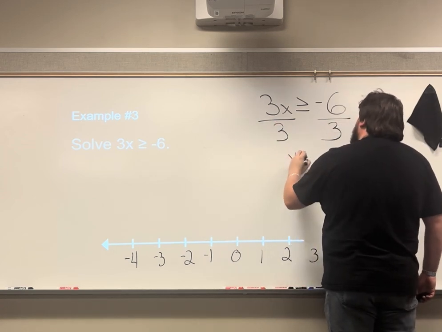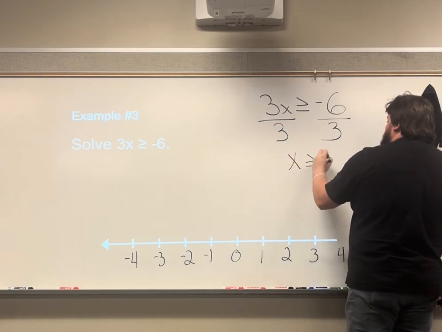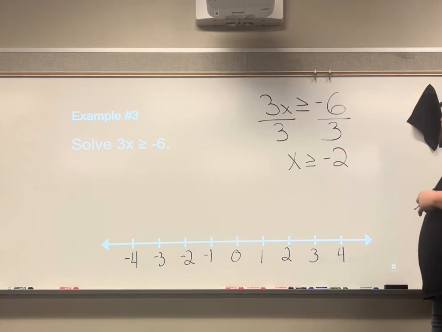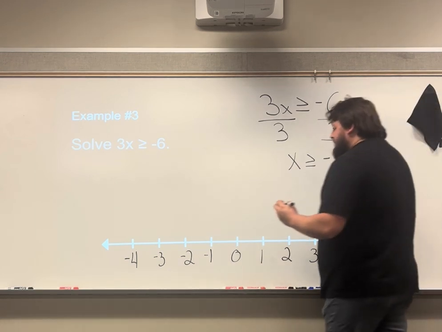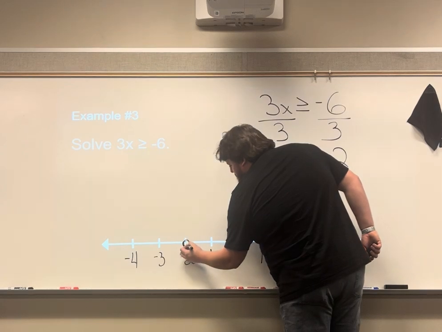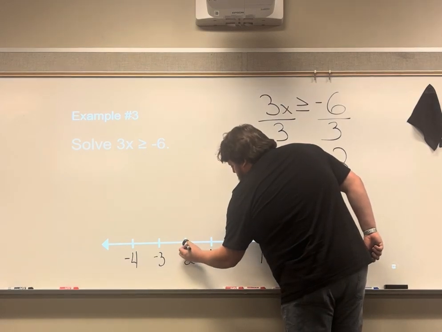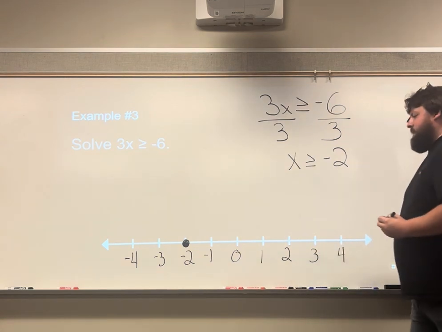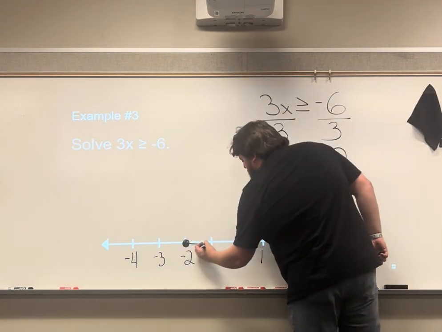So x becomes greater than or equal to -2. Since we divided both sides by a positive number, we don't have to do anything as far as flipping the sign. So we have a closed circle on -2. It's pointing at our number, so it's going to go to the right.